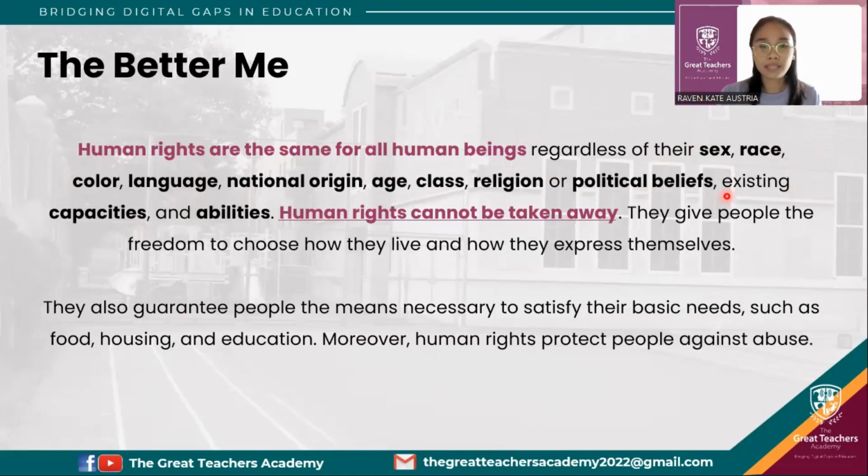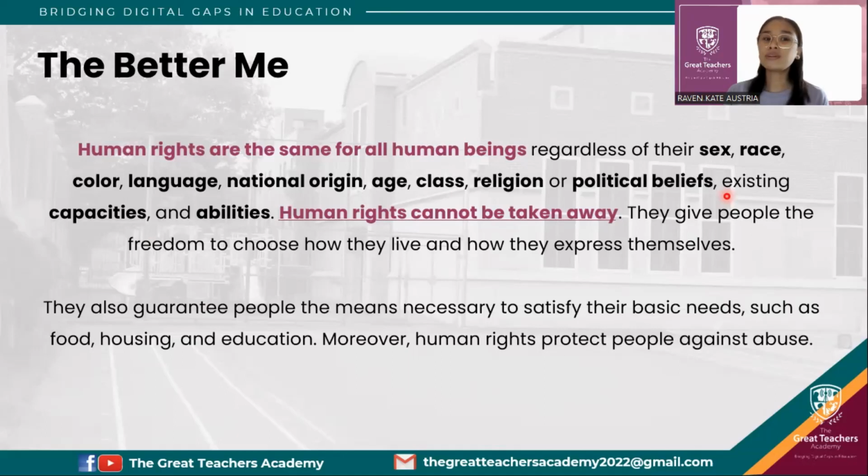Human rights cannot be taken away. They give people the freedom to choose how they live and how they express themselves. They also guarantee people the means necessary to satisfy their basic needs, such as food, housing, and education. Moreover, human rights protect people against abuse.